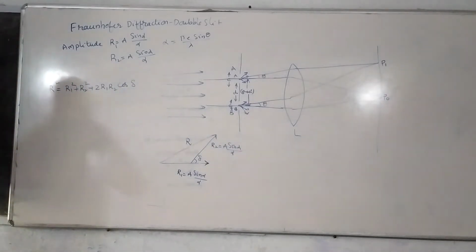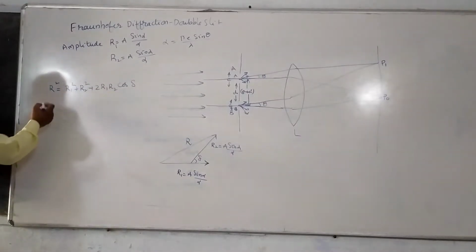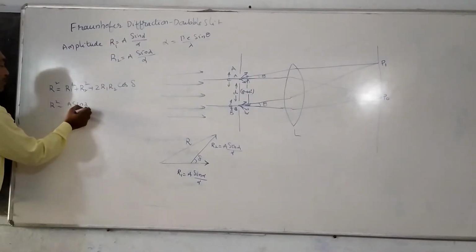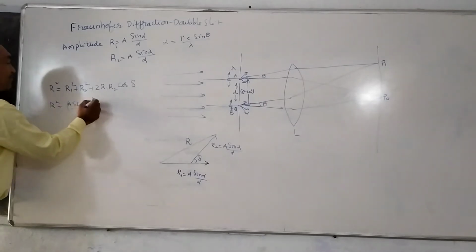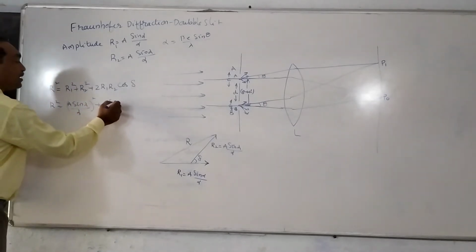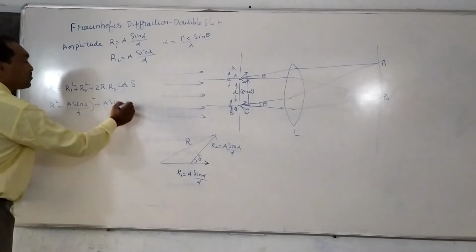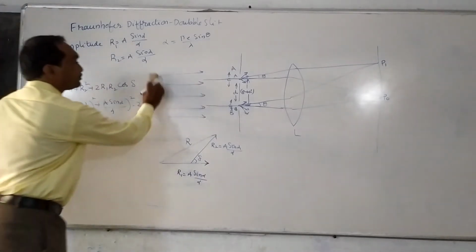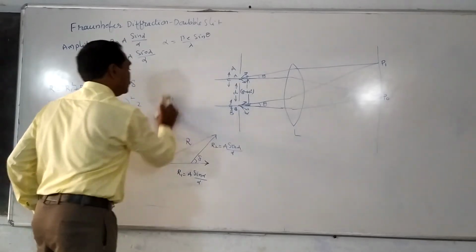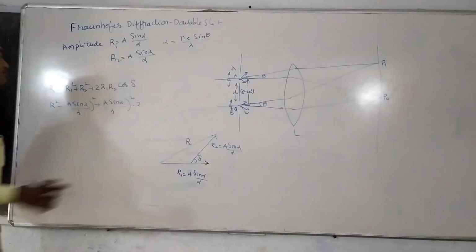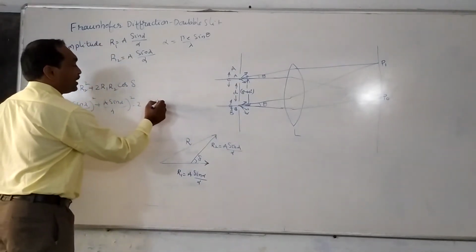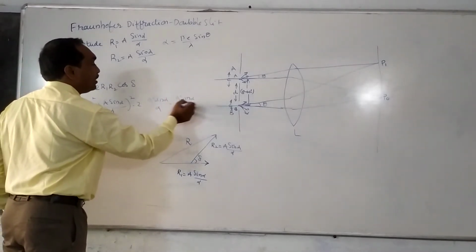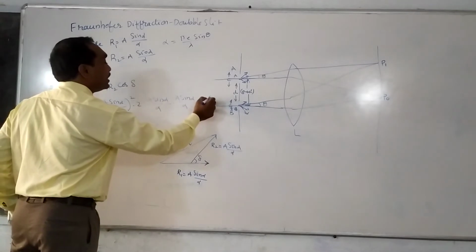Am I right? From this, R square is equal to A sin alpha by alpha whole square plus A sin alpha by alpha whole square plus 2 into A sin alpha by alpha into A sin alpha by alpha into cos delta.